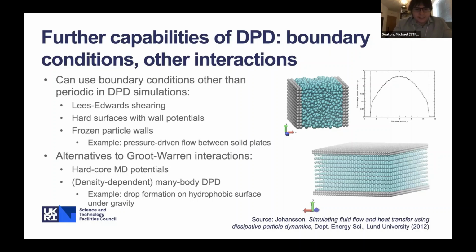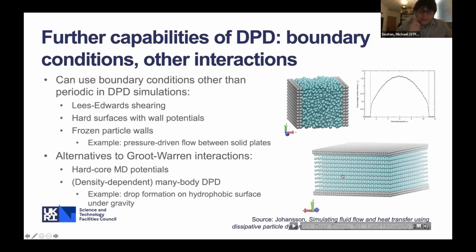The other possibility is a field of what's known as many-body DPD, which is essentially where we calculate localized densities for each bead and use those densities in our interactions. So it means that you can change the equation of state that the fluid has, and it means you can get behavior for multiple phases, including things like liquid-vapor equilibria.